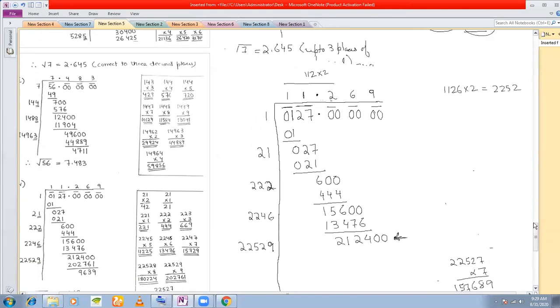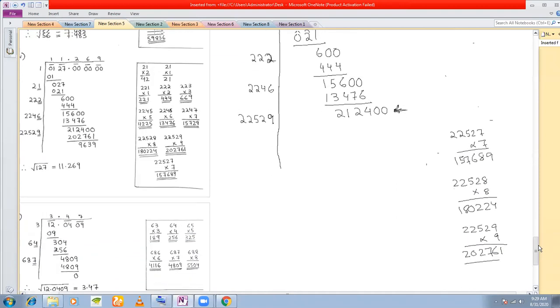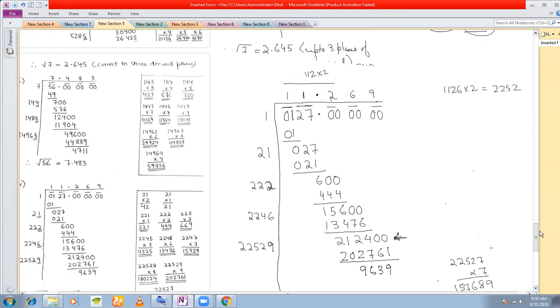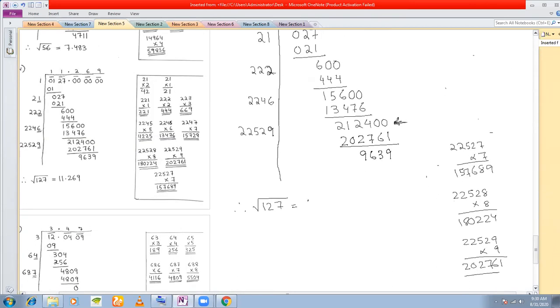And on multiplication with 9, you get 202761. You subtract. So therefore, what is the square root of 127 that you are getting? You are getting 11.269.